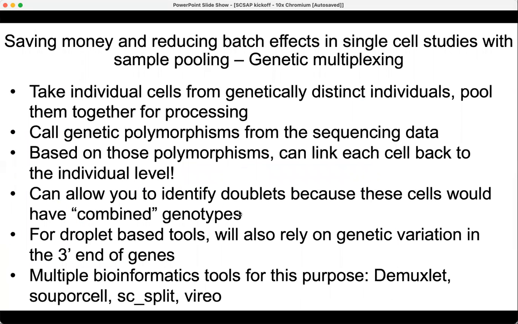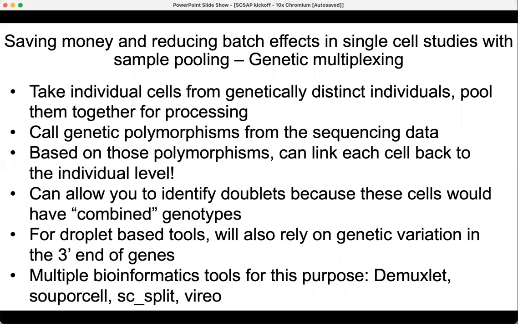Another way that you can combine samples together, do pooling, and reduce the potential for batch effects is through what we call genetic multiplexing. So if you're using samples that come from genetically distinct individuals, you can also pool these together for processing prior to running them through the 10x Chromium device.